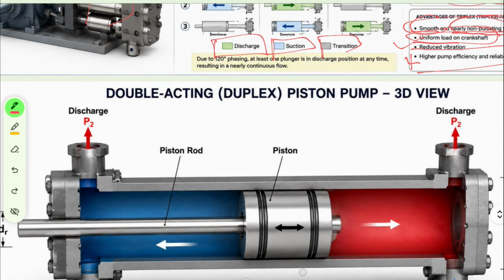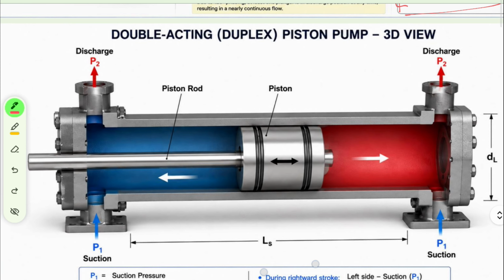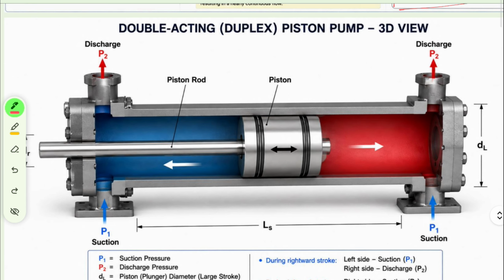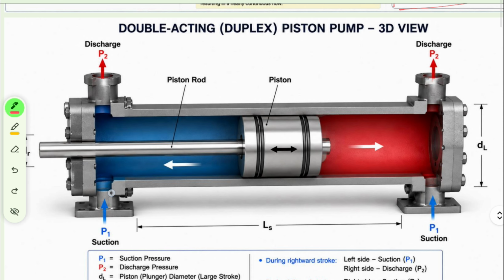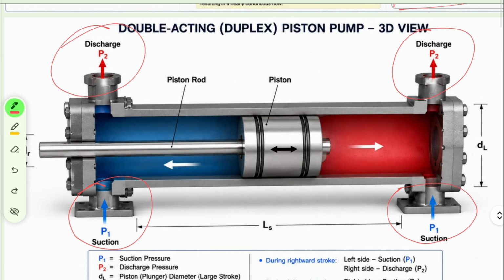We discuss a little bit about the duplex pump. Before coming to this graph, we need to understand this. If you observe carefully, there is one suction here, another suction here, one discharge there, and another discharge there, right?